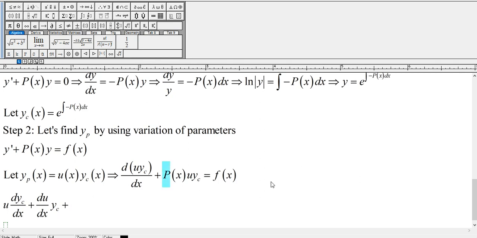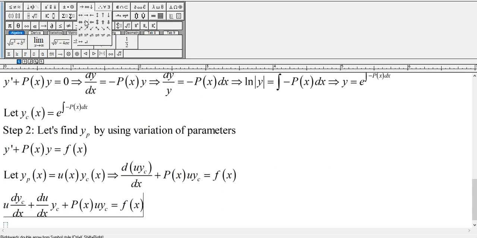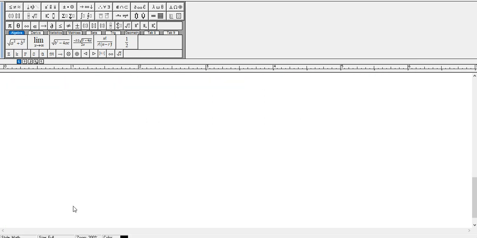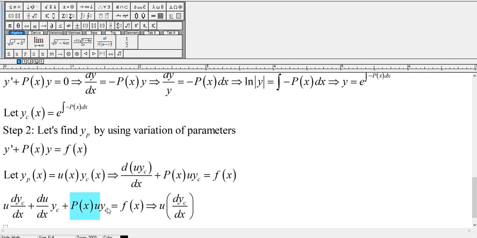I can't really do much with these things, so they're kind of the way they are. And now it's all about grouping again. This one has a u, this one has a u. Let's factor out a u. What I'm going to have left is this thing without the u, so I'm going to delete the u.